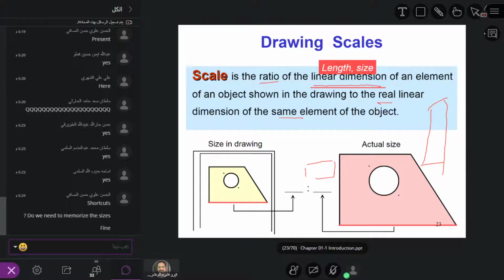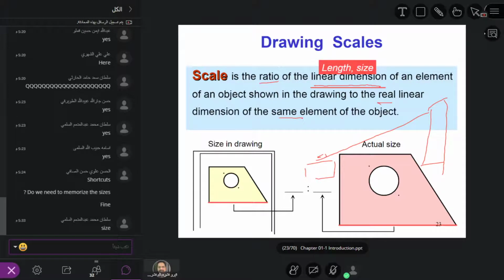So you have to represent this big building in a small piece of paper. So what you do, you make this with your scale. Very similar, a map of Saudi Arabia shows the entire country in a paper, but the paper is very small.